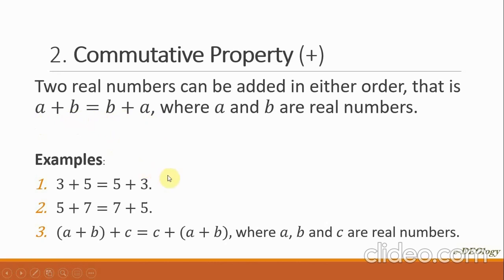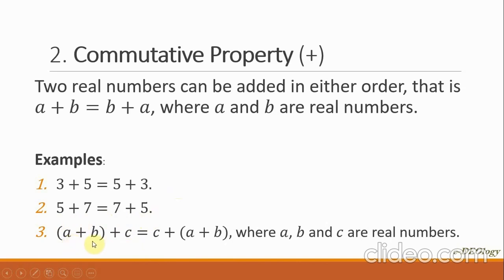We have here three examples. The first one is 3 plus 5 equals 5 plus 3, and both will have 8. Another example, 5 plus 7 equals 7 plus 5. In the third example, there are three letters that represent numbers.